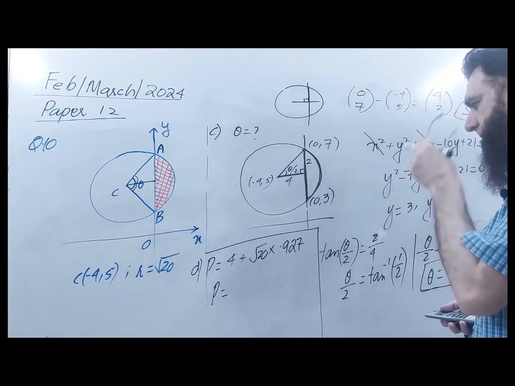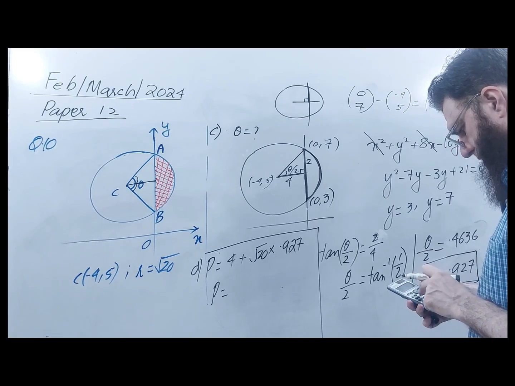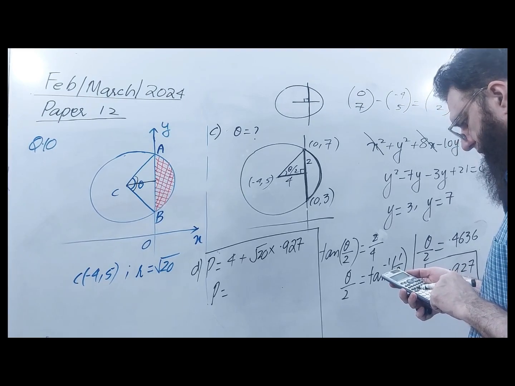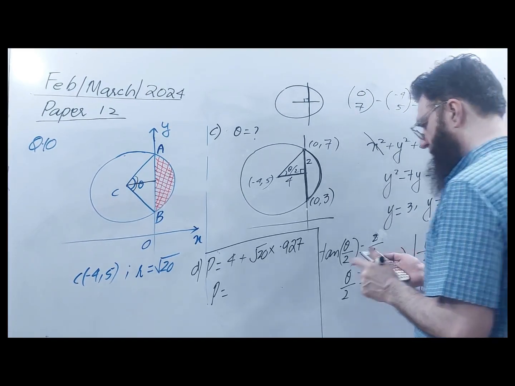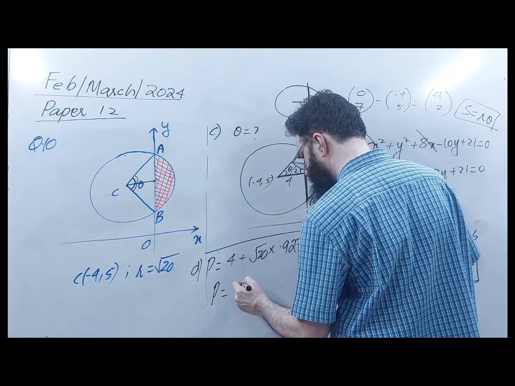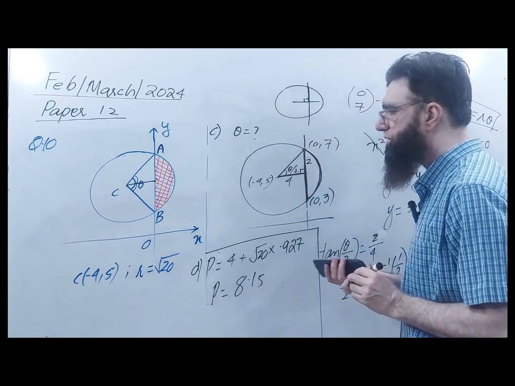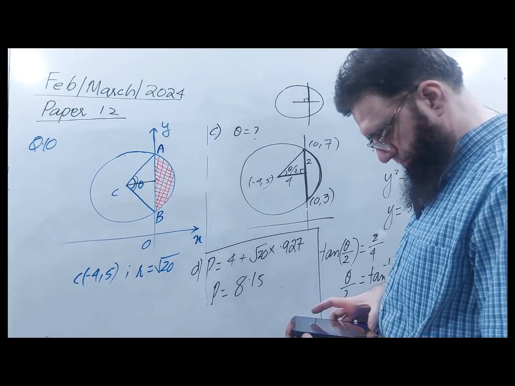And if you simplify it, what you get is under root 20 into 0.927 plus 4. This is 8.1456. So 8.15. I hope this is in centimeters. I don't know, but let's see if it is in centimeters or meters.